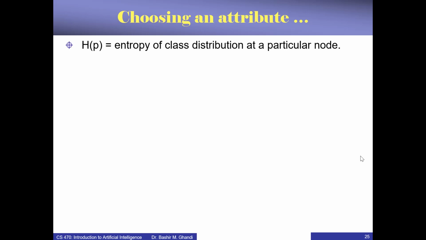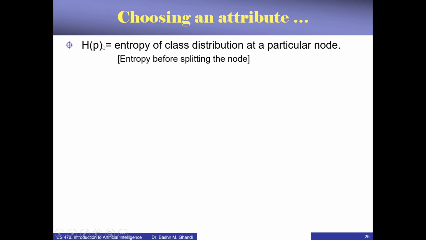Now for that we need two entropies. Let us denote by HP the entropy of class distribution for a particular node, or if you like, for a particular attribute. That is to say, the entropy of that attribute before splitting the node.